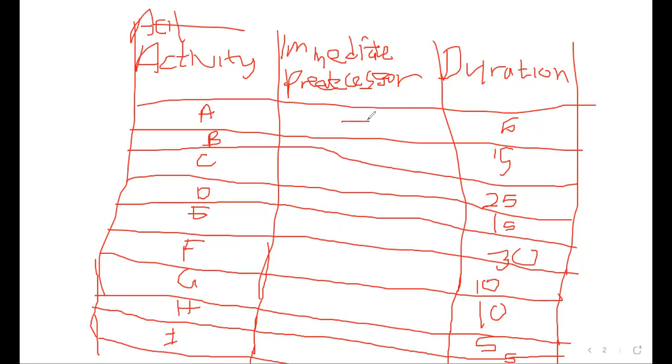Here the predecessor is a dash for A, then B, B, B, C and D, E and F, and G and H.